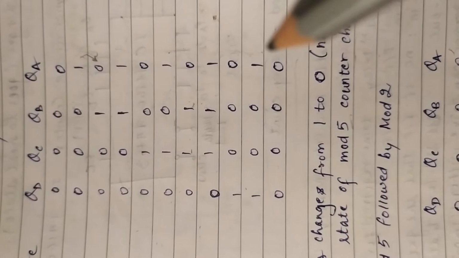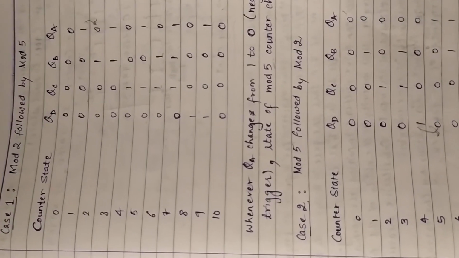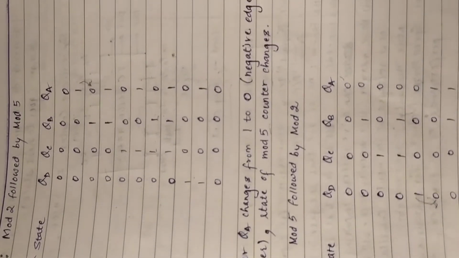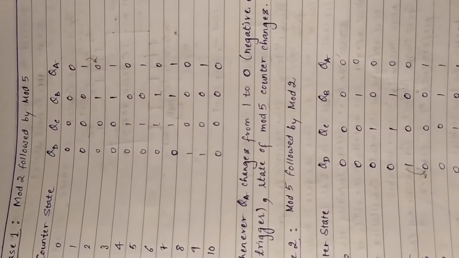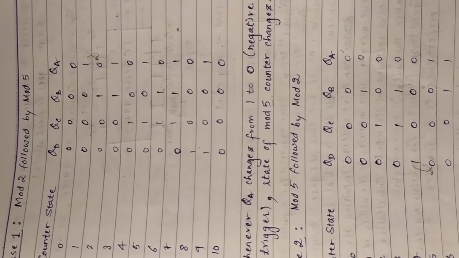So it goes on up to 9, and on coming to the 10th count it becomes 000, because it is a decade counter. So it operates only from 0 to 9, that is a total of 10 states. So that is what I said: whenever QA changes from 1 to 0, negative edge trigger, the state of the mod 5 counter changes only then.